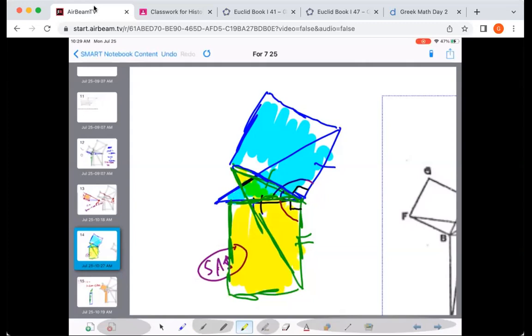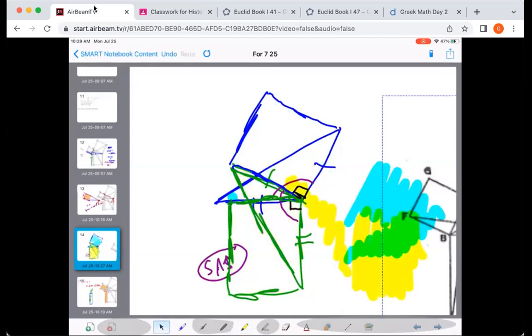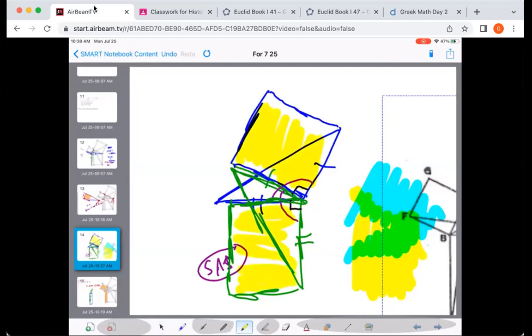But because the two triangles are congruent by SAS, that's fun. Because the triangles are congruent by SAS, the square is double one of the triangles, and the rectangle is double the other triangle, which makes that square congruent to that rectangle.